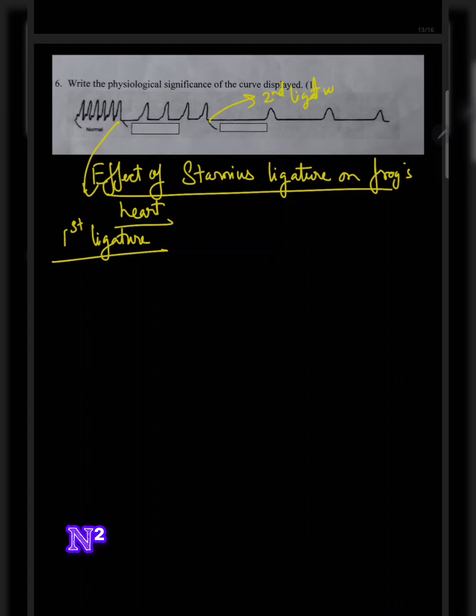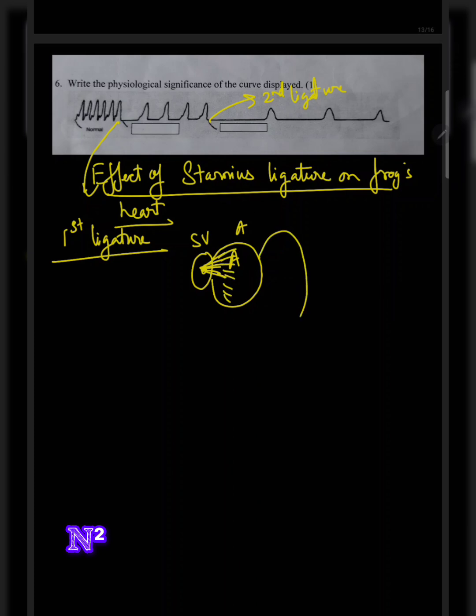Now where this ligature is tied, we know the cardiac pacemaker activity of the heart is generated from the sinus venosus, then it passes to the atria. It gives the conduction to the atria, generates the conduction pathway to the atria, then the whole atria is contracted.